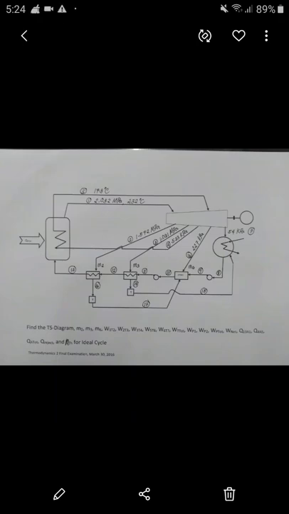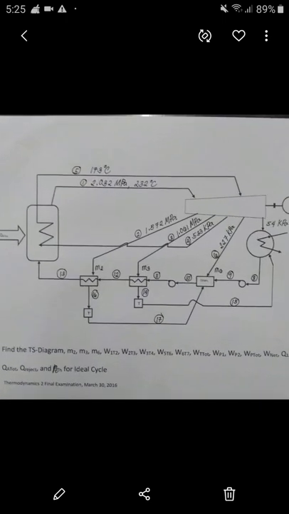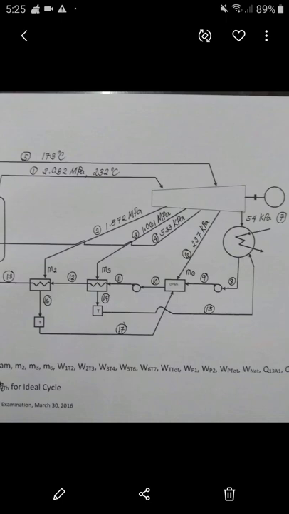In this video, I'm going to show you how to solve this Rankine cycle. At point 1, we are given 2.032 MPa with a temperature of 232 degrees Celsius. At point 2, we are given 1.572 MPa.